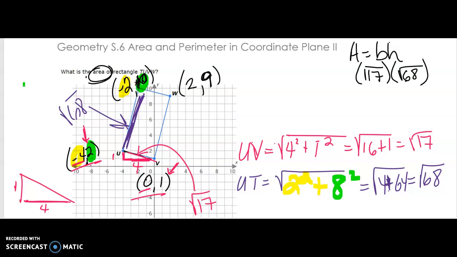So then you grab the calculator and you do the square root of 17 times the square root of 68. And it helps if you put it in right. And we get 34. 34 is the area of that rectangle.